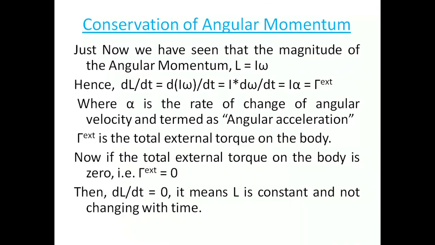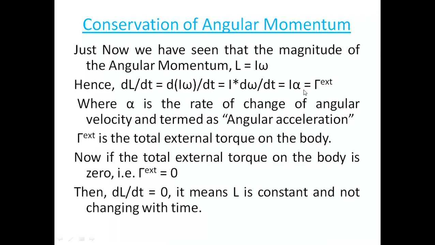The angular momentum is conserved. Just now we have seen that the magnitude of the angular momentum L equals I omega. Hence dL by dt equals d(I omega) by dt equals I into d omega by dt, because I, the moment of inertia, is constant, and d omega by dt is the rate of change of angular velocity, and we write it as alpha, and it is termed as angular acceleration.